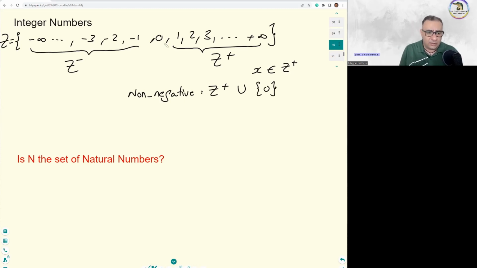And in the same way, the non-positive integers is going to be the negative integers including 0, because 0 also is not positive, right? So the non-positive integers is Z negative union the 0.